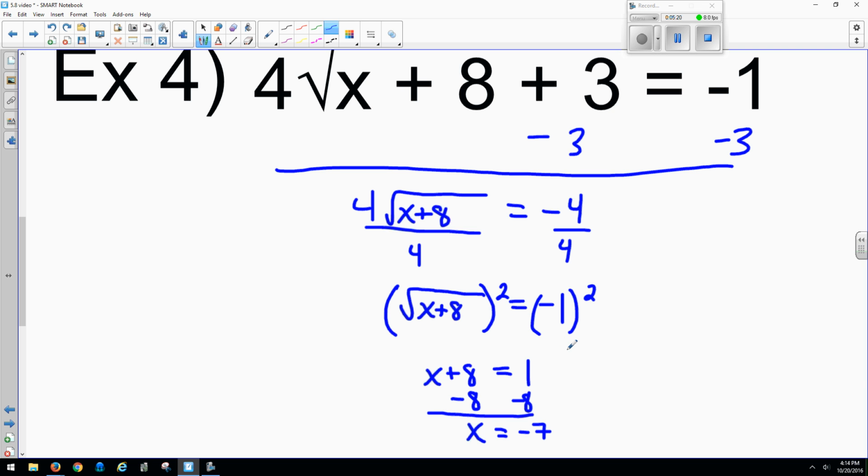So I really want to do the check on this one because it just doesn't seem right that I had a radical equal to a negative number. So I'm going to do a check over here. Again, I'm always going to start with the original equation, and I'm going to substitute in negative 7 for x.